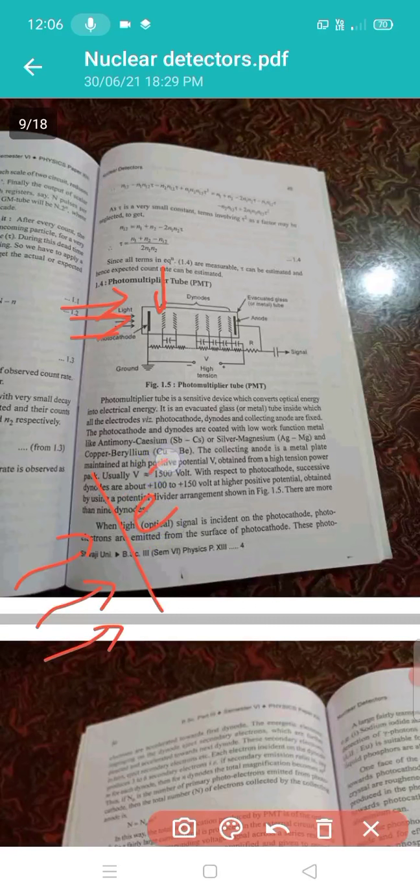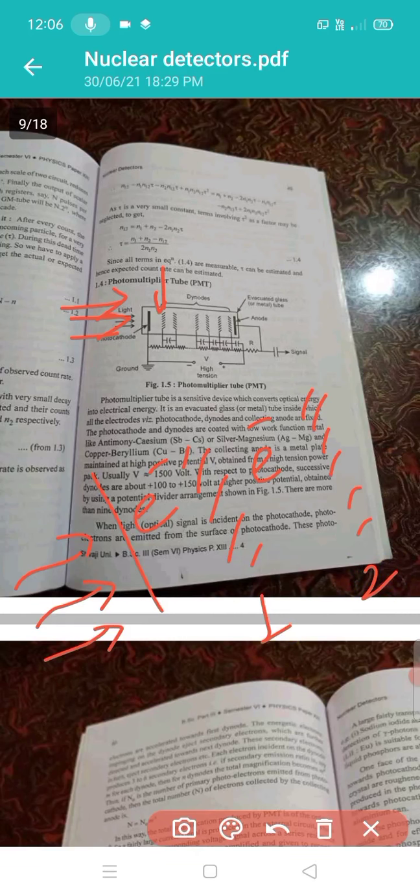The photoelectrons are emitted from the photocathode, and these electrons are accelerated towards the first dynode. The energetic electrons impinging on the dynode eject electrons which are known as secondary electrons, which are further directed and accelerated towards the next dynode. This one is the first dynode, this one is the second dynode.